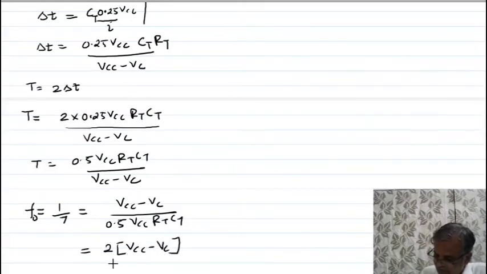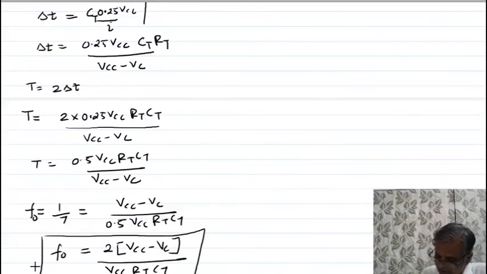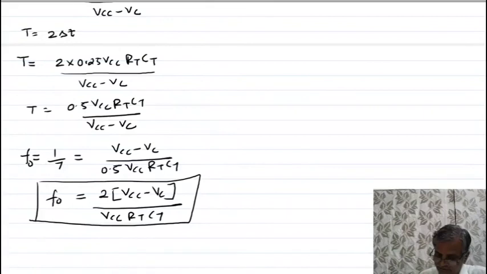So this equation says that the frequency FO can be changed by changing the value of VC, RT and CT. This equation shows that FO will be changed by changing VC, RT and CT.